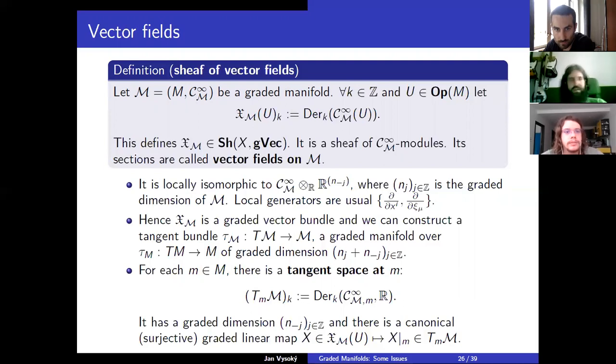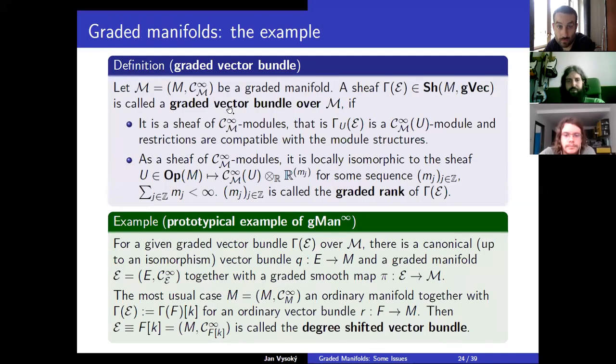I'm not sure. I still don't know if I can interpret, for example, here, where I start with a sheaf of graded vector spaces, which is called a graded vector bundle if it's locally finitely freely generated, and it's a sheaf of modules.